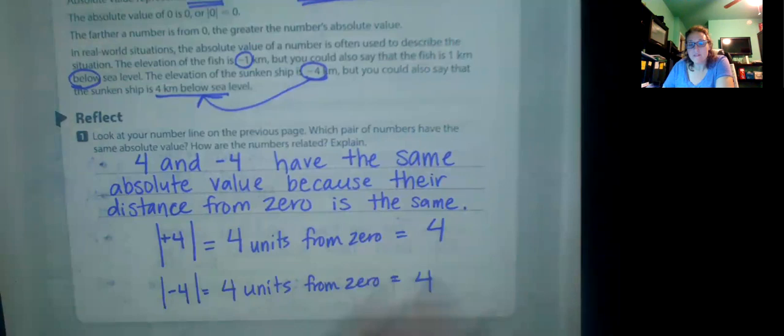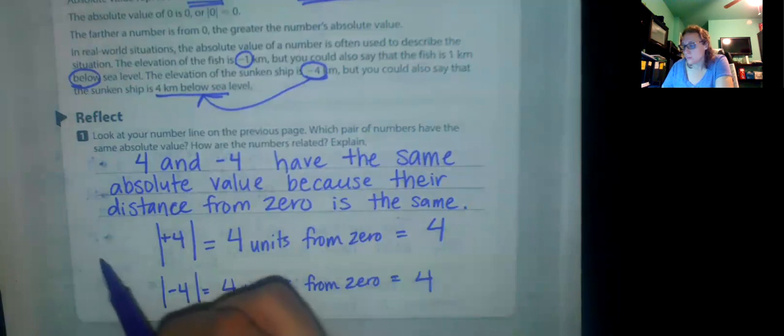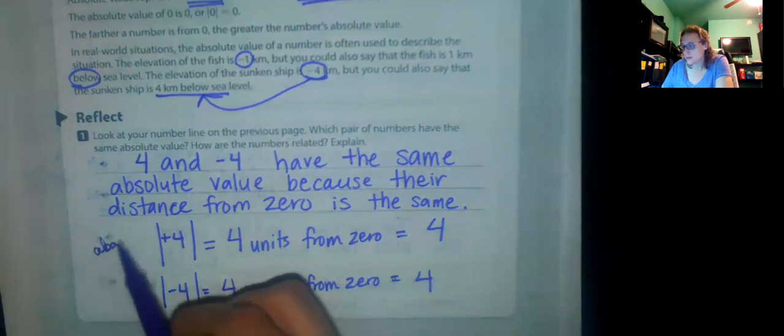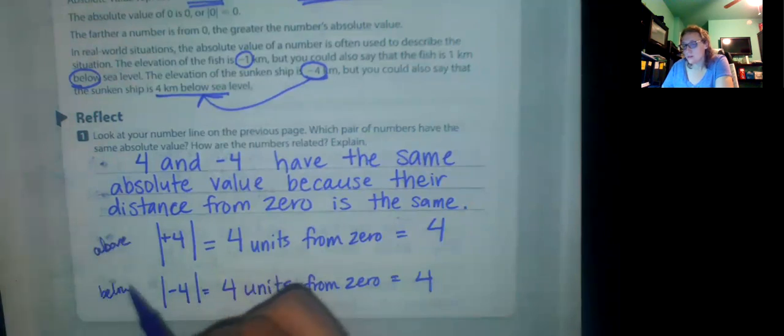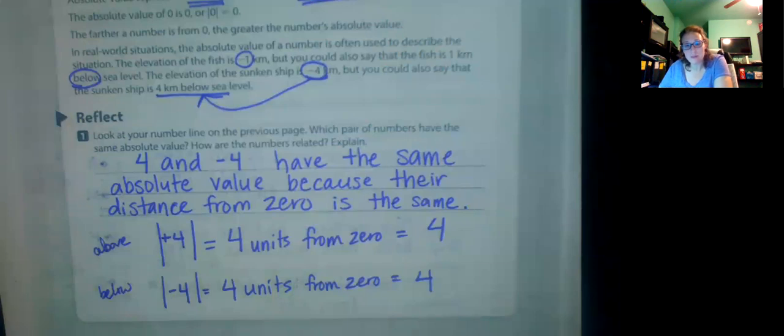They both have the same absolute value because distance is always positive because it's just talking about how far it is from 0, right? One is above, one is below, but it's still the distance. Make sure you complete the assignment attached to this lesson, and we'll do more on Wednesday.